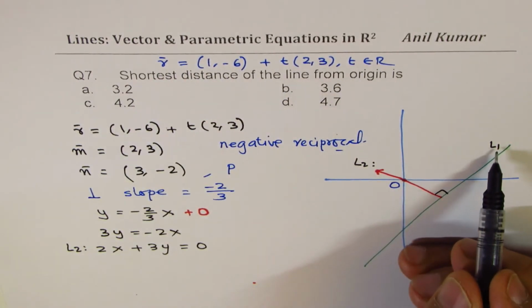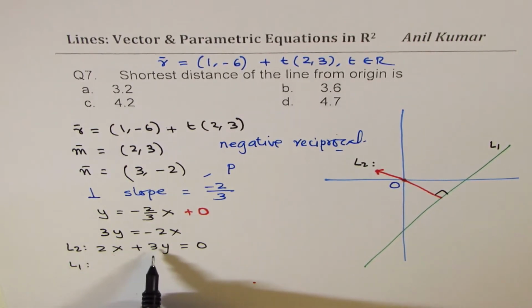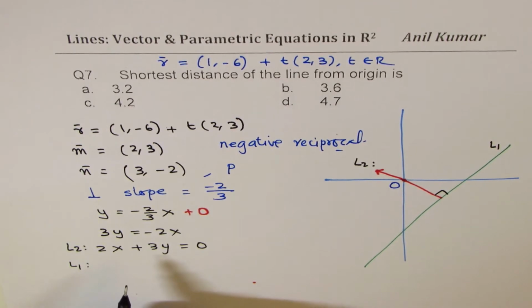Now, for line 1, we already have found the equation in Cartesian form. Let me copy it from where we did earlier.